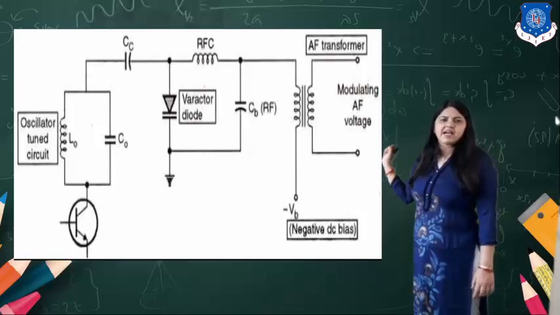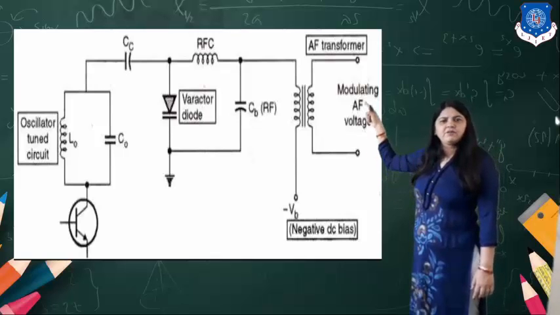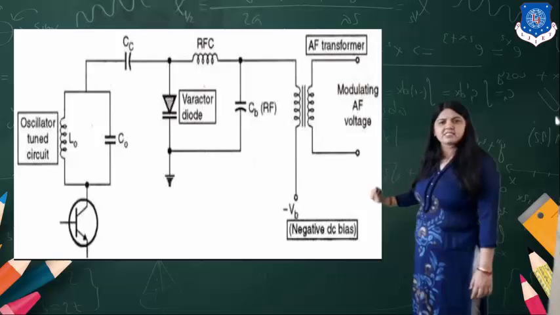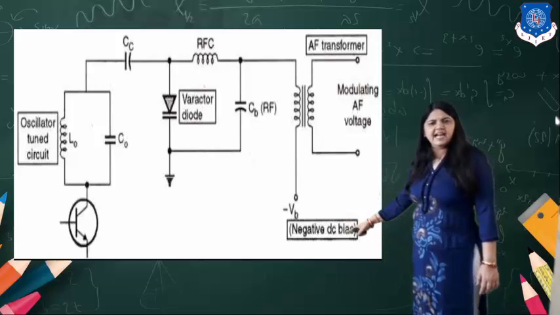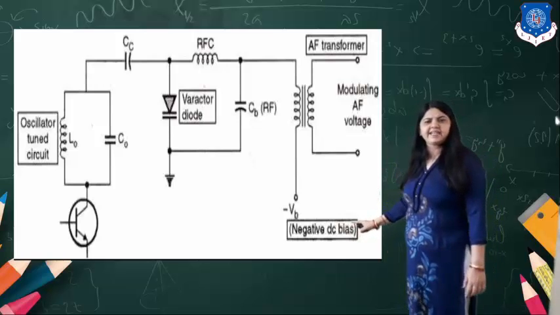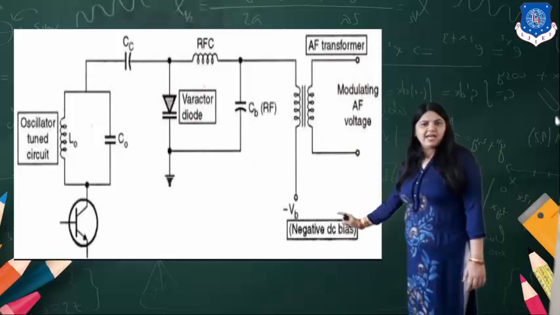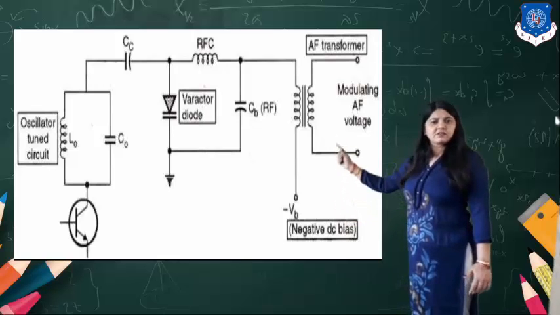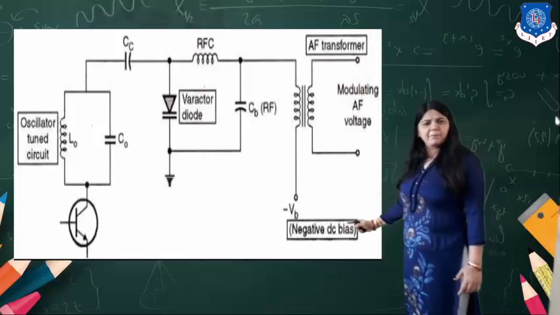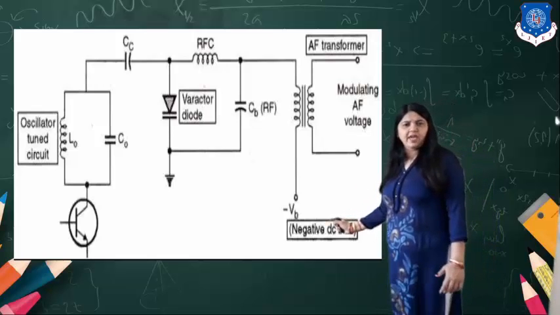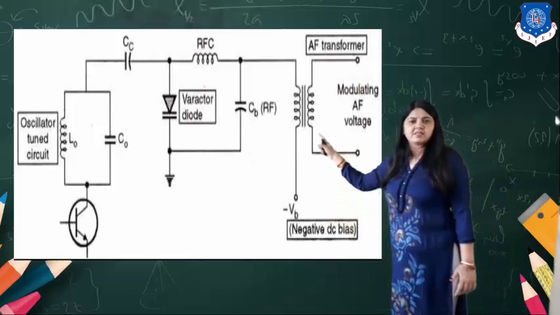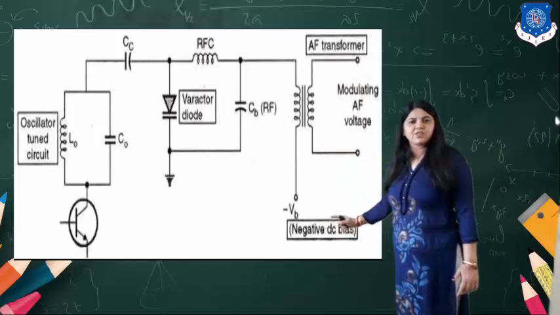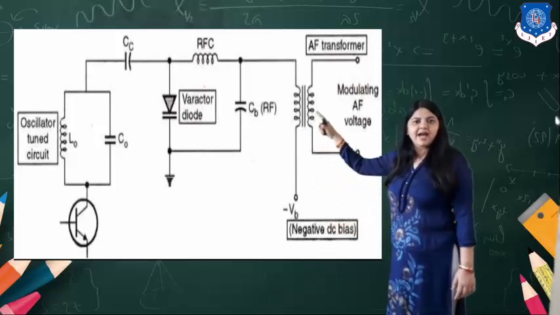The varactor diode, over here we are applying the modulating signal voltage in series with the negative DC bias, operating the varactor diode in reverse bias.